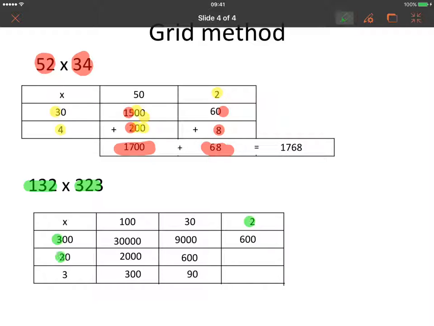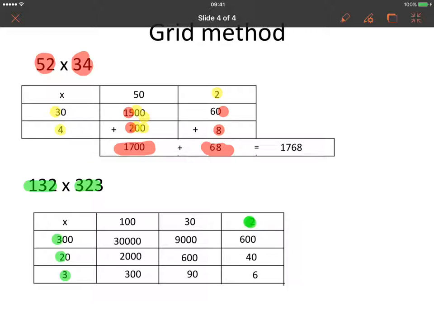Then I've got 2 times 2, which is 4, but I still have this 1 zero, and therefore 40. And last but not least, 3 times 2, which is 6, and no zeros, so I just put down 6.